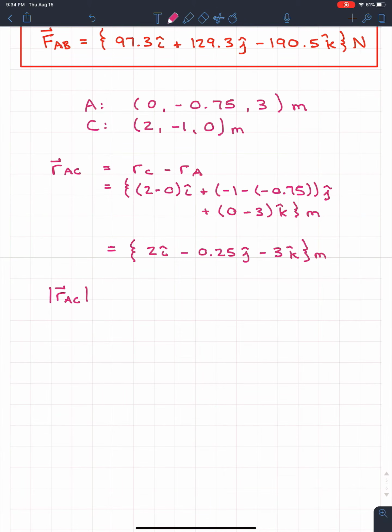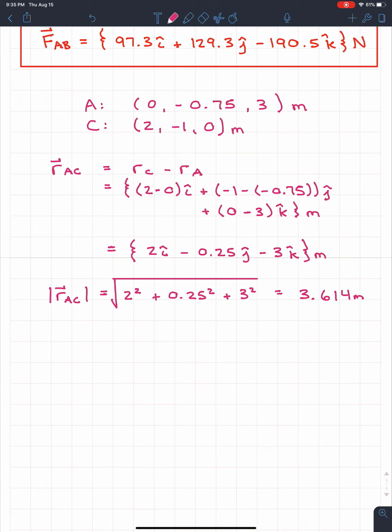And that's going to be equal to the square root of 2 squared plus 0.25 squared plus 3 squared. I'm just going to finish off the top of that square root sign. And what we'll find is that the magnitude is equal to 3.614 meters.